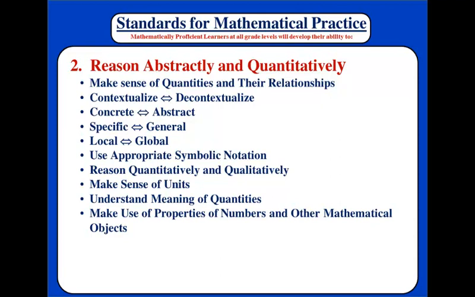We want to be able to use appropriate symbolic notation. So mathematics has its own jargon and its own symbols, and just as any field of knowledge or field of study, we're going to have certain things that are specific to the discipline, where we have to learn the symbols, the notation, and the terms.